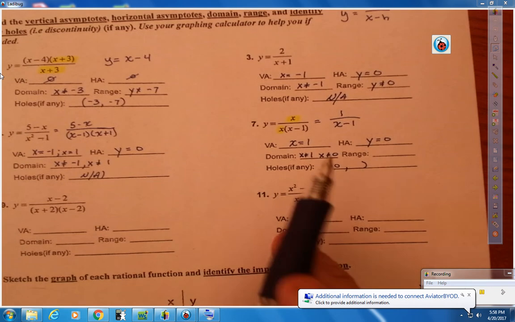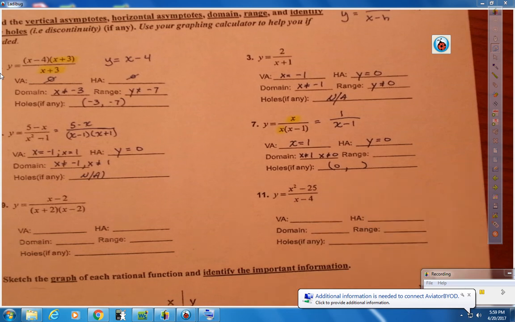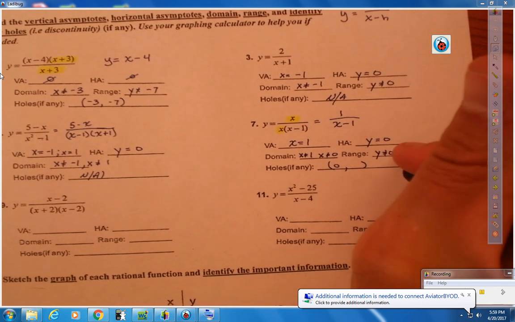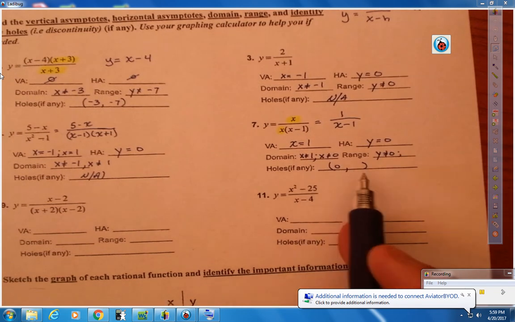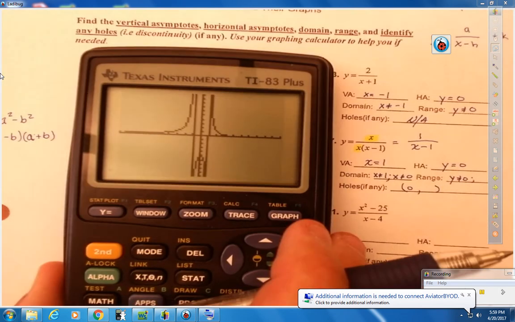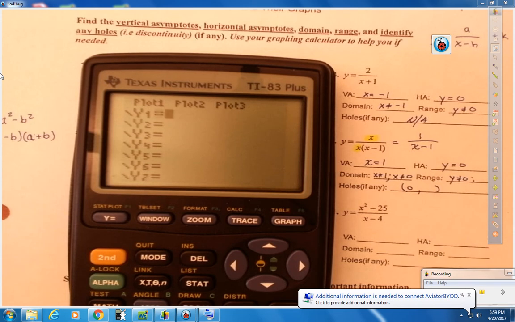The reason x can't equal 0, if I put 0 in there, I got a 0 there. And that's why there's a hole in my graph there. My range, y is not allowed to equal 0, but y is also not allowed to equal whatever this value is in the hole. And how I'm going to figure that out is using this good old calculator. Okay? I'm going to put the graph of y equals 1 over x minus 1 in my calculator. Okay?